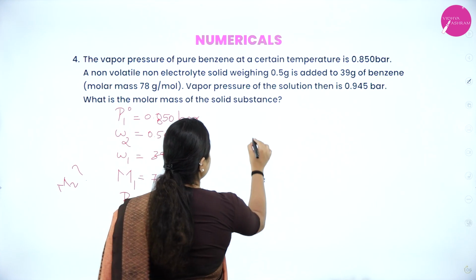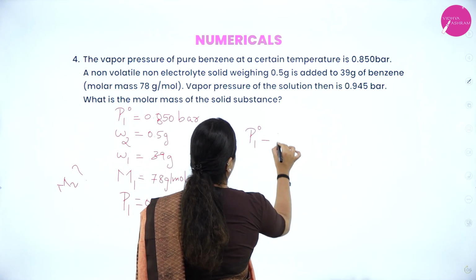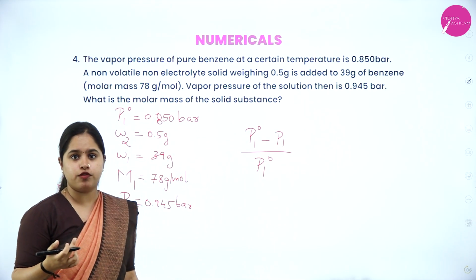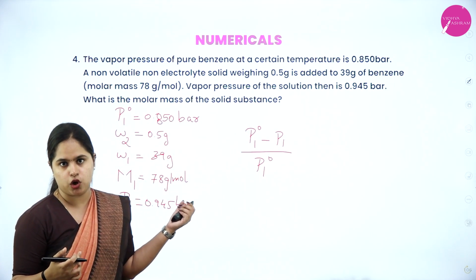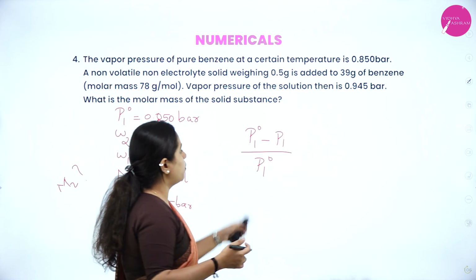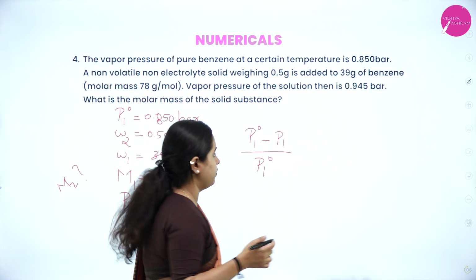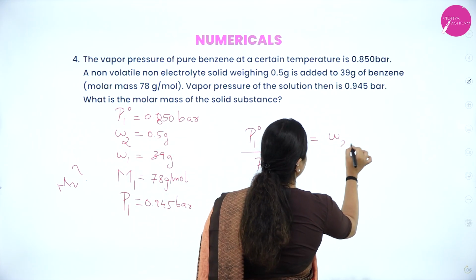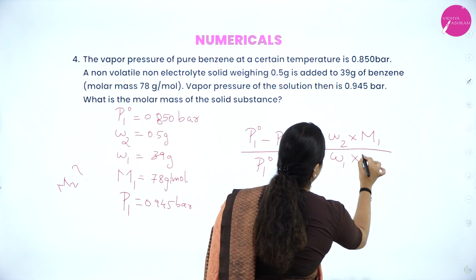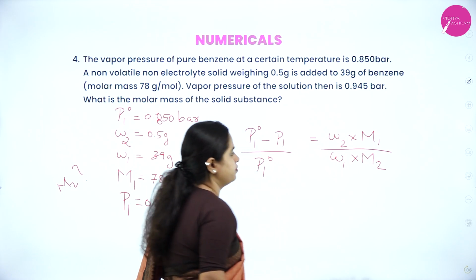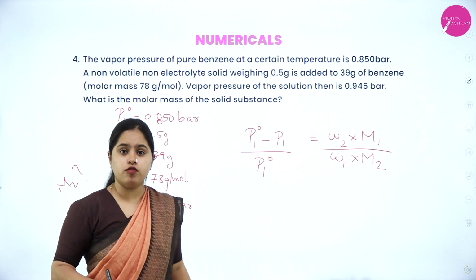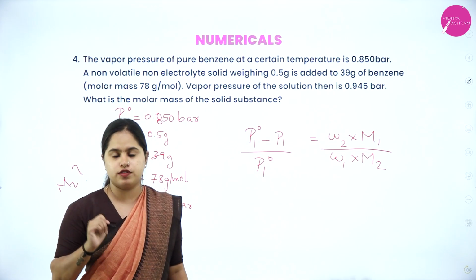So, what is the equation that we know? (P1 naught minus P1) divided by P1 naught. Relative lowering of vapor pressure is the colligative property we are talking about here, the lowering in vapor pressure. So (P1 naught minus P1) divided by P1 naught is equal to W2 into M1 divided by W1 into M2. We know that relative lowering of vapor pressure is equal to the mole fraction of the solute.